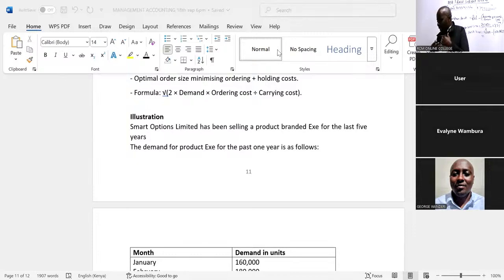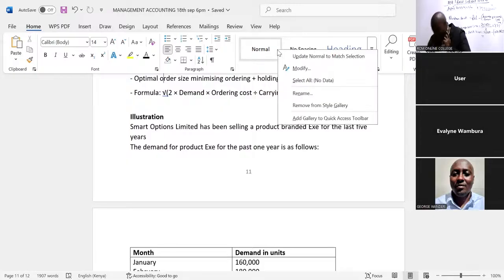So we are looking at an illustration on Smart Options. Have you been able to add those, gentlemen?